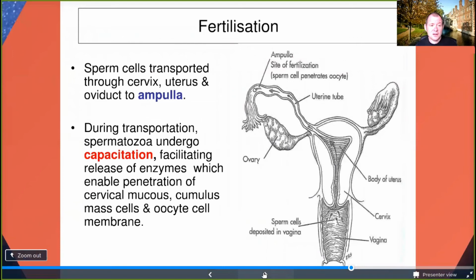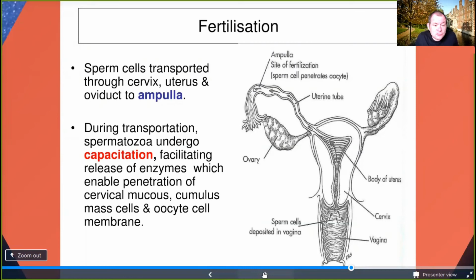Fertilization. Now, fertilization usually occurs in a structure known as the ampulla, which is a sort of bent part of the fallopian tube, the oviduct. So sperm cells are transported through the cervix, the uterus, and oviduct to the ampulla. During transportation, the spermatozoa undergo something called capacitation.